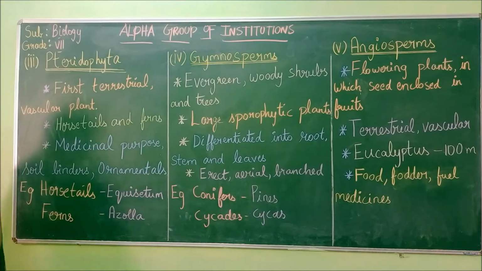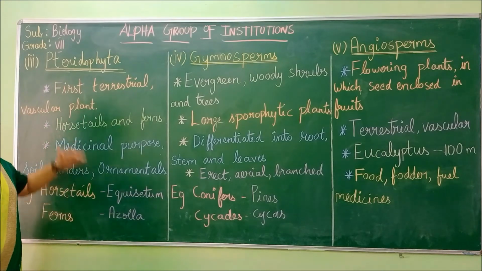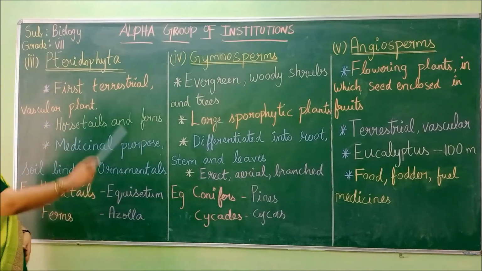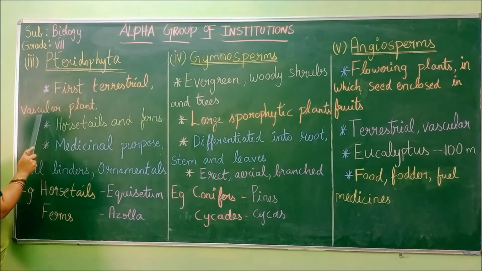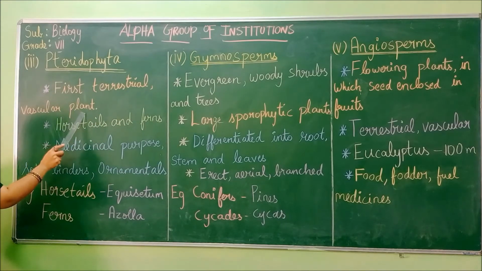So that is why we say it is the first terrestrial and vascular plant. Only in Pteridophyta has this category come first. So that is why we say first terrestrial. Vascular means presence of xylem and phloem. First terrestrial vascular plant.